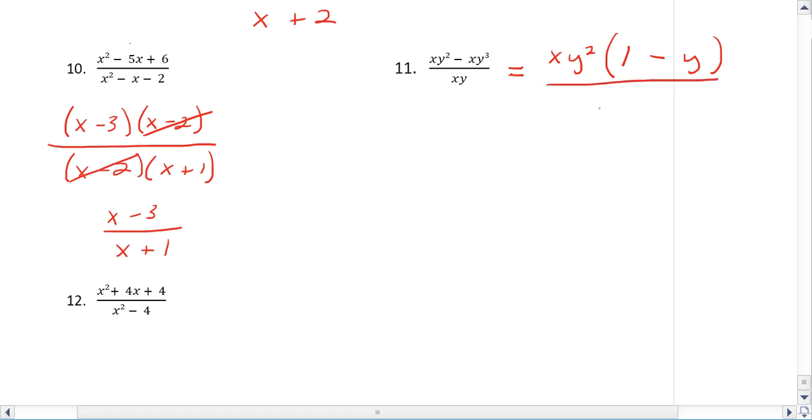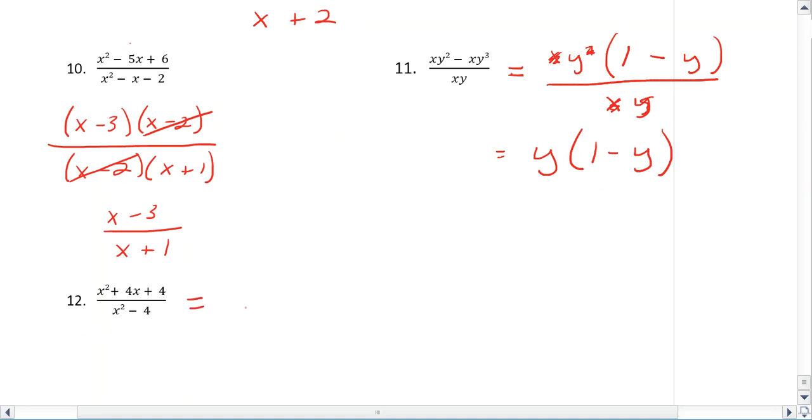And the denominator is xy. So this x divides away this x. This y divides away one of these. So the simplified answer is y times 1 minus y. And the directions are typically going to say that we leave our answers in factored form.